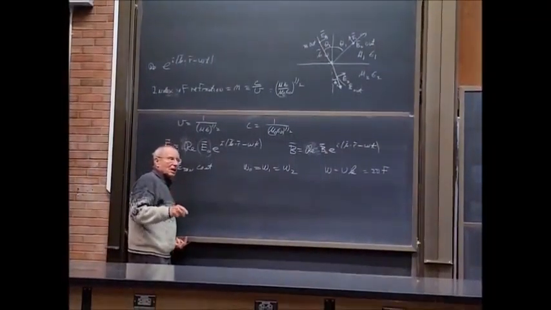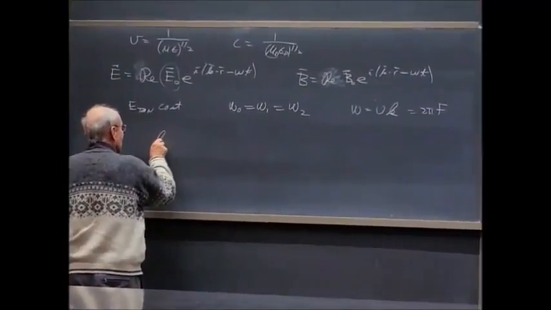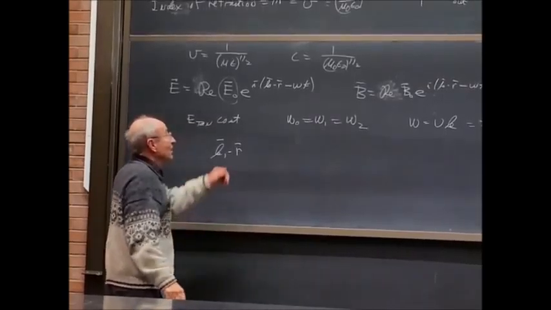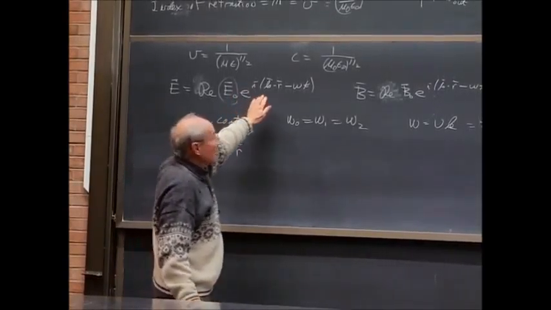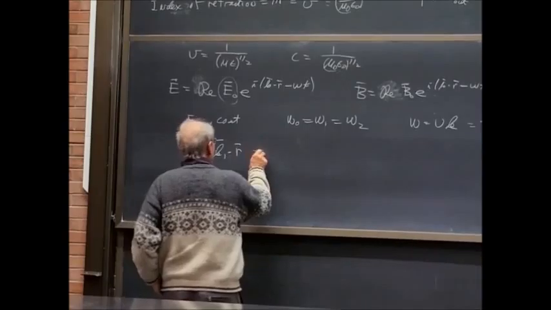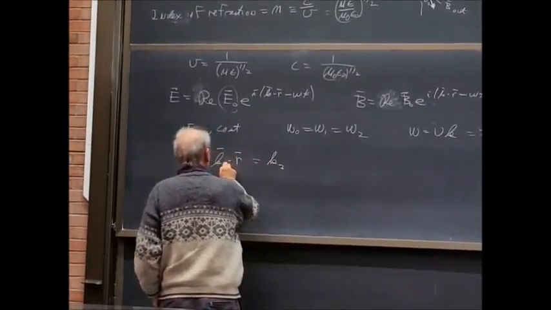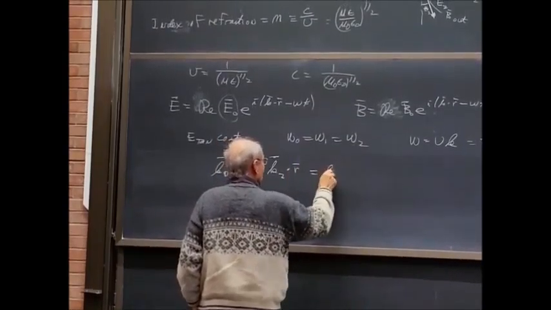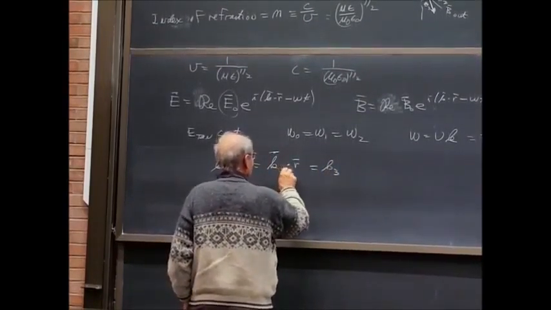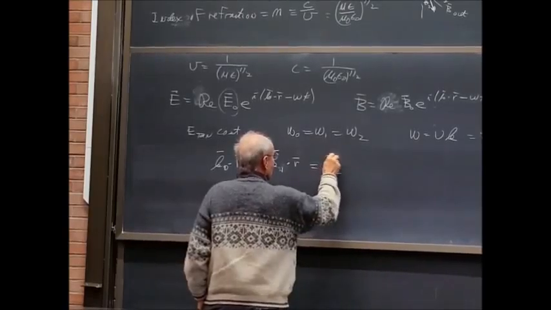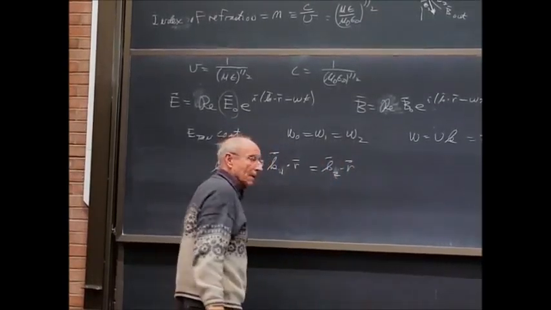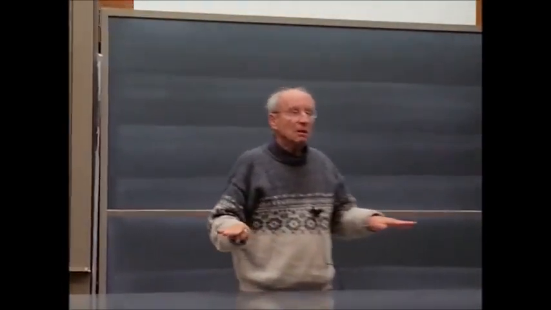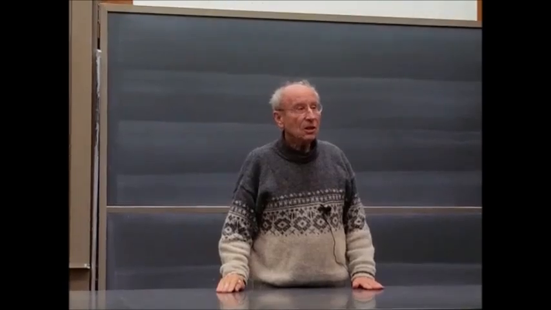Now, the second condition we have to have is that K1 dot R, this is the K dot R part, must be the same as K0 dot R, must be the same as K2 dot R. Okay? But now, this condition is going to be valid on the interface.